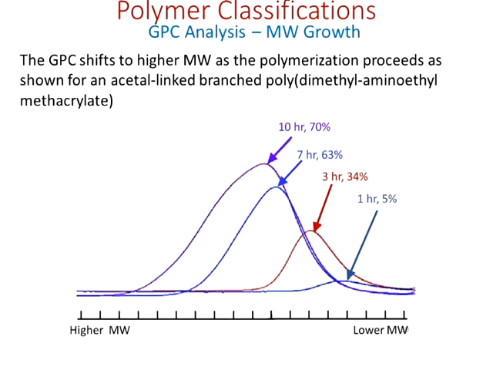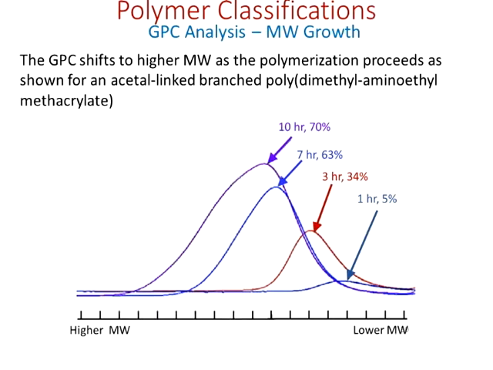GPC shifts to higher molar mass, or molecular weight, as the polymerization proceeds. And we show this as an example of an acetyl-linked branched polydimethyl acrylate material. So we look at it and we discover that we can follow the growth of the polymer based upon the time and its molar mass.